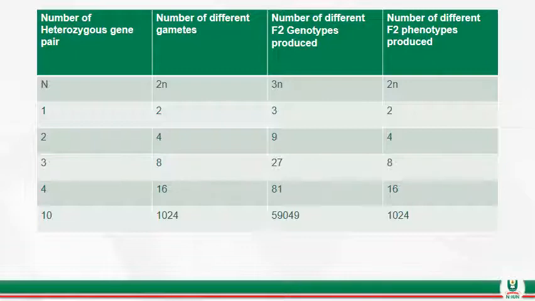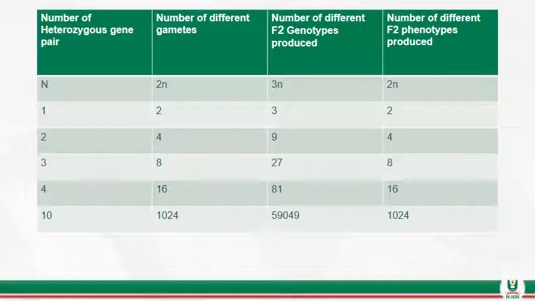So if you have only one gene pair, you have 2 gametes produced, 3 genotypes produced, and 2 phenotypes produced. If it is 2 gene pairs, you have 4 gametes, 9 genotypes, and 4 phenotypes. If it is 3, you have 8 gametes, 27 genotypes, and 8 phenotypes.